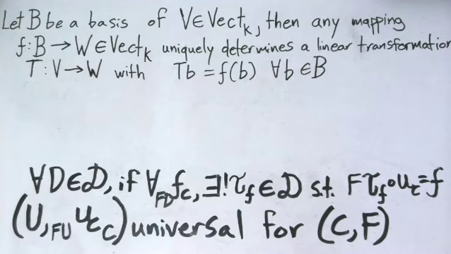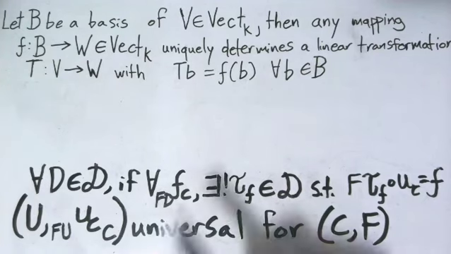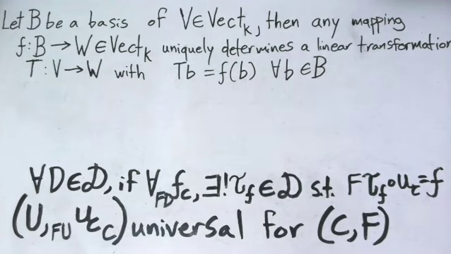And in order to set this up, let's recall a fact from linear algebra, which is that if B is some basis for a vector space V, where V is in the category of vector spaces over K, where we've fixed K to be any arbitrary field, then any mapping which maps the basis vectors of V into another vector space W uniquely determines a linear transformation T from V to W, where the linear transformation agrees with that f function on every basis vector of V.